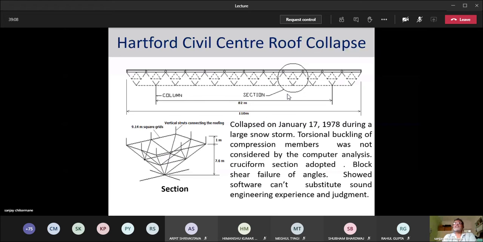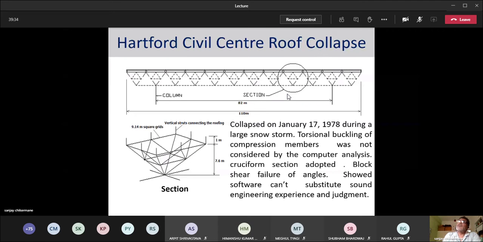So this section is just to show you that when you do a plane frame analysis in software, it doesn't tell you anything about the Z buckling, because the software just says that there is no force in the Z direction. However, the Z buckling can be very critical for a frame if it is not restrained in the Z direction.